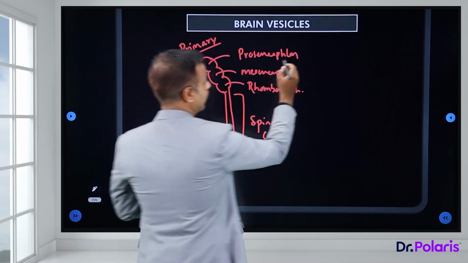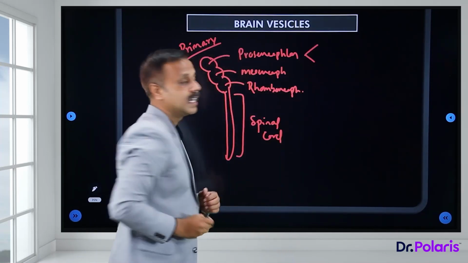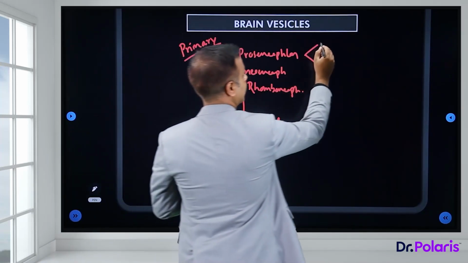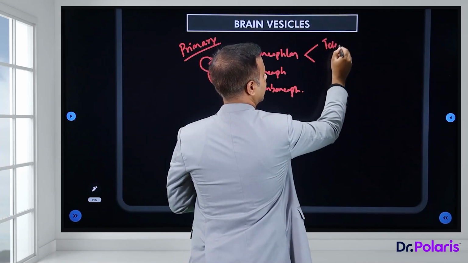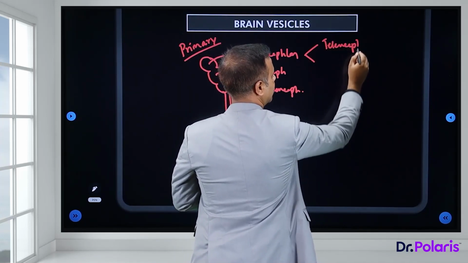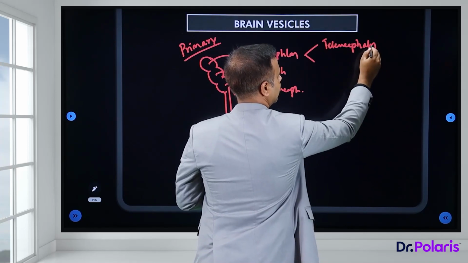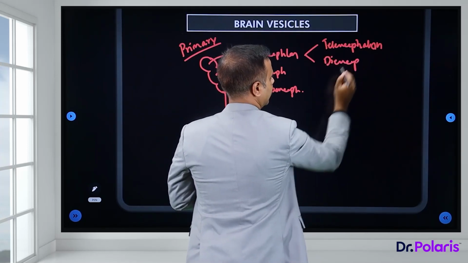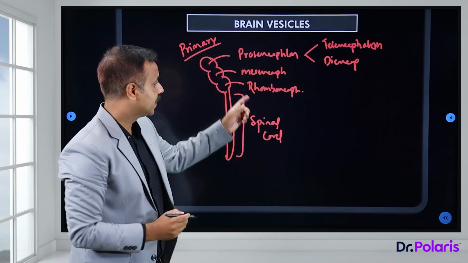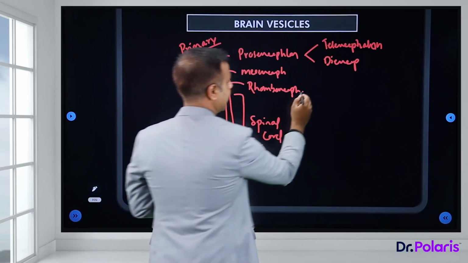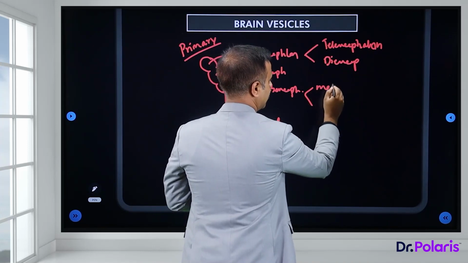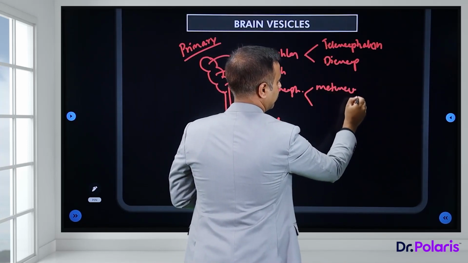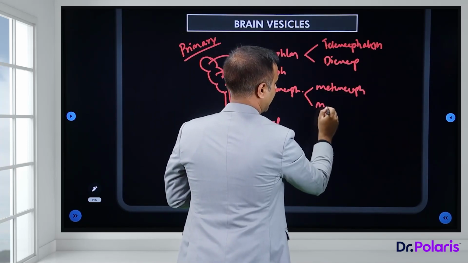For example, the fate of prosencephalon is that it divides into telencephalon and then diencephalon. Right? Then the fate of rhombencephalon is that it divides into metencephalon and myelencephalon.